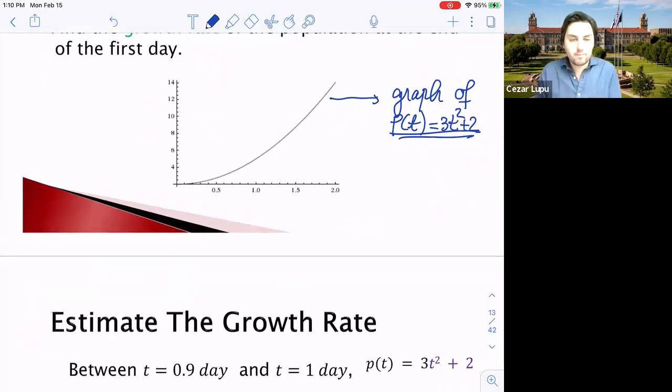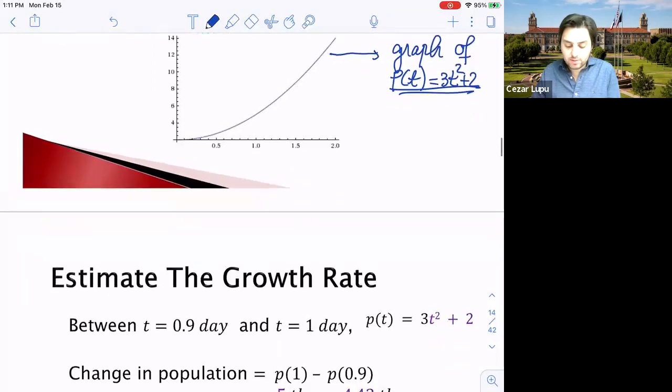So we'd like to see what happens around the first day, between t equals 0.9 and t equals 1. So we have this population function, which is P of t equals 3t squared plus 2, right? And we would like to estimate the growth rate.